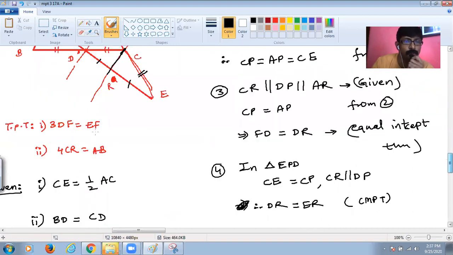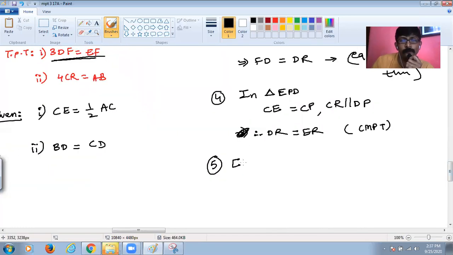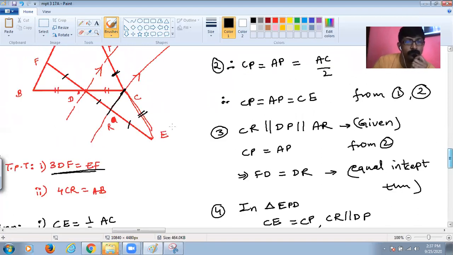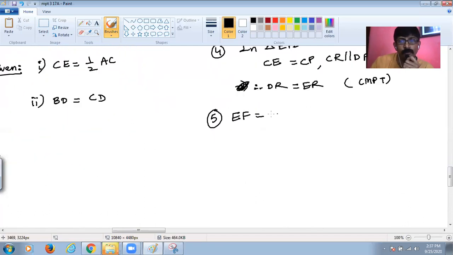What conclusion? If we write EF, what is EF equal to? Student, look at the diagram. EF is equal to ER plus DR plus FD.